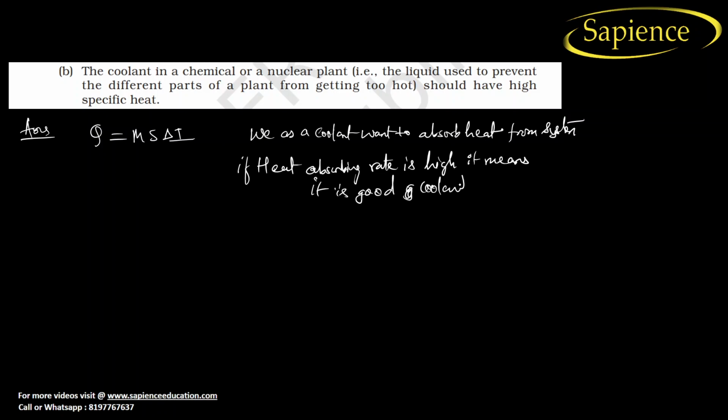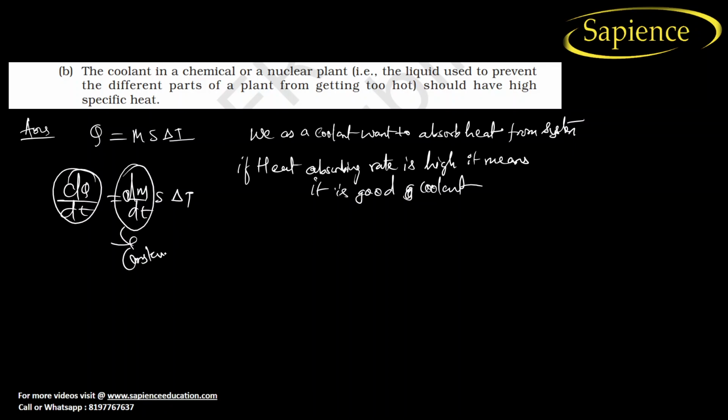Or an effective coolant. So our focus is that dQ by dt should be high, and this is equal to dm by dt into s into delta T. See, the mass flow rate should be constant because we don't want to increase that.